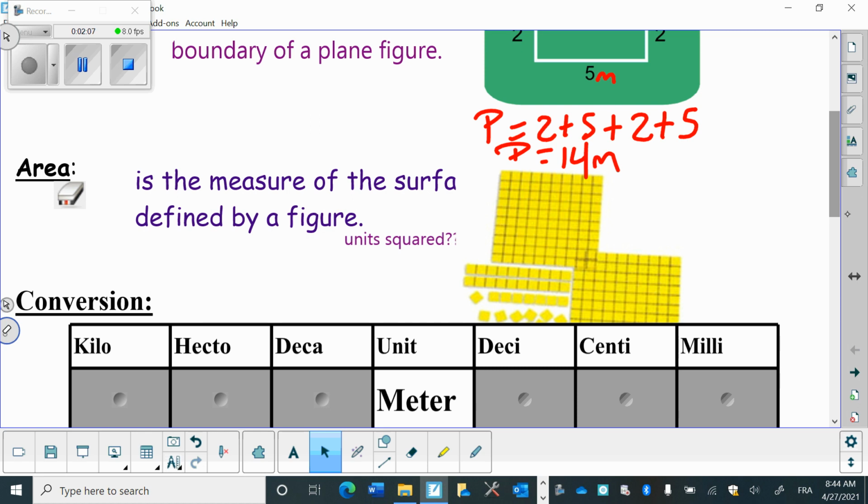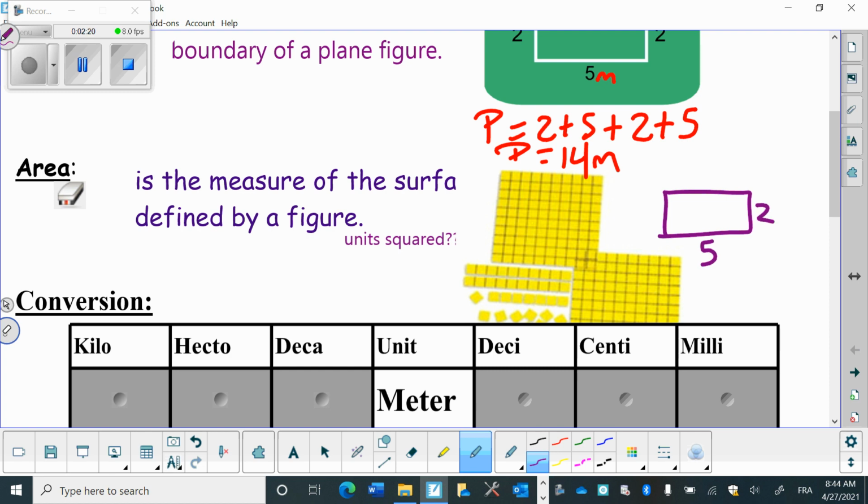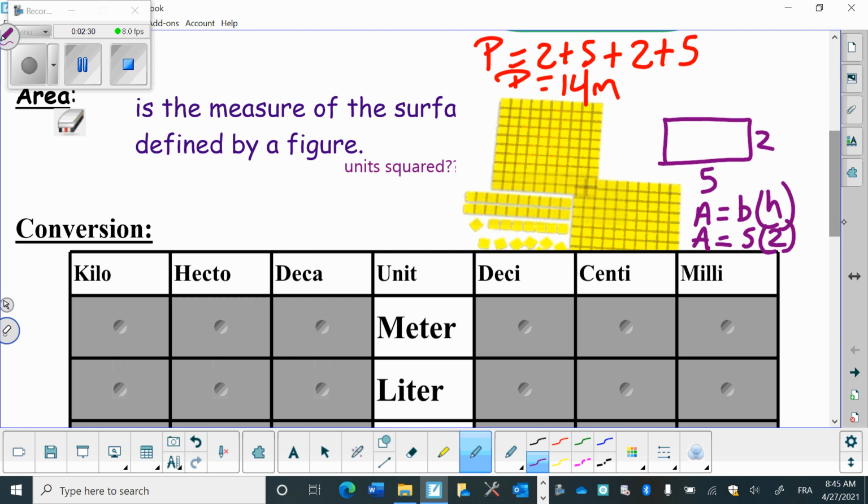Depending on the shape, we will go over this in the next couple of pages. For example, if I take the same rectangle as up top, my area of a rectangle is base times height, or length times width. I would just multiply those: 5 times 2, which gives me 10. Let's say it's centimeters this time, so centimeters squared.